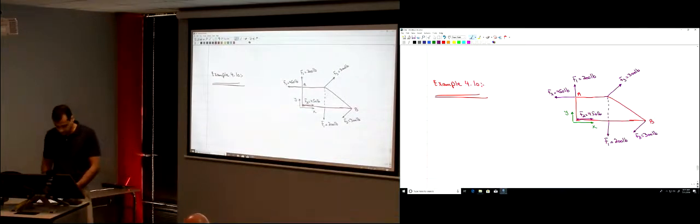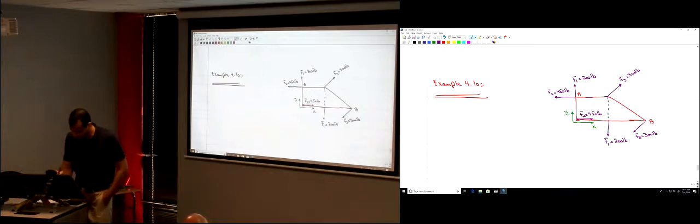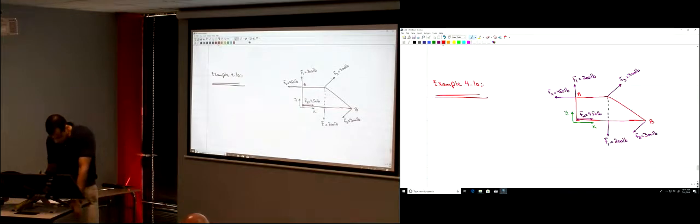What are the dimensions given here? We have a set of dimensions. This distance, d1, is 4 feet.